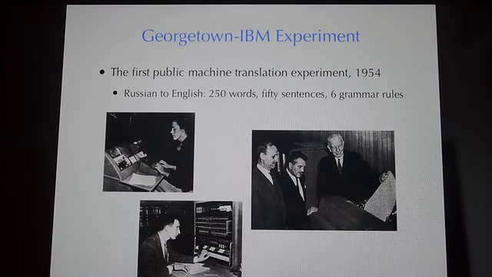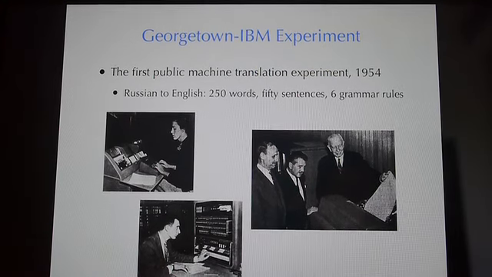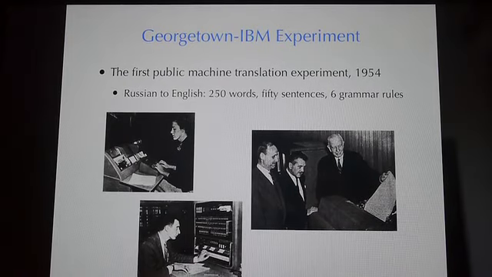What they did was they tried to build a symbolic model of translating Russian to English using a dictionary and a set of rules. This was a very limited model. There were only 250 words in the Russian language. There were only 50 sentences that the model could translate, and there were only 6 grammar rules in the model.